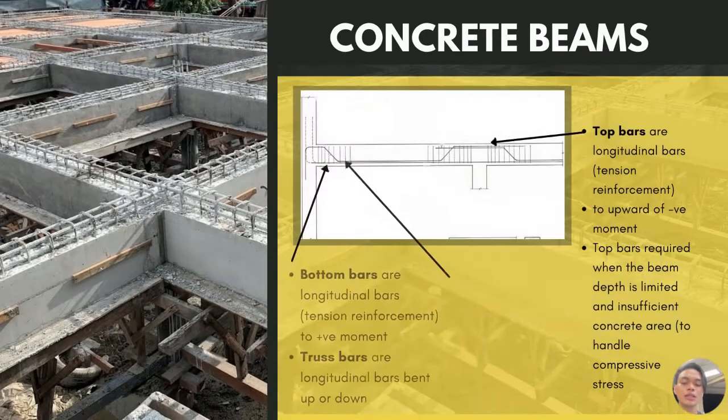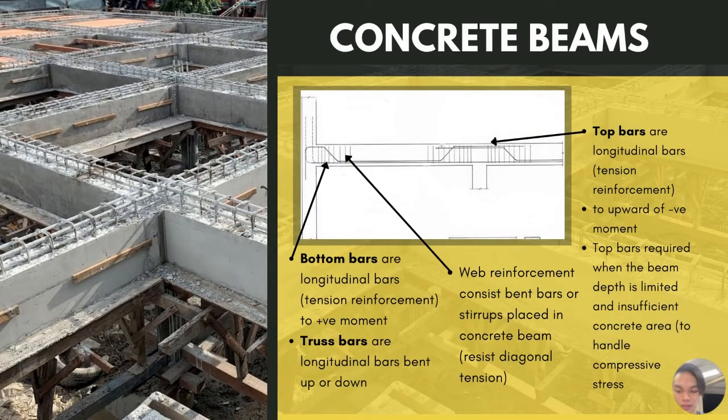Next, the bottom bars are longitudinal bars serving as tension reinforcement in the section of a concrete beam subject to a positive moment. Truss bars are longitudinal bars bent up or down at points of moment reversal in a concrete beam.